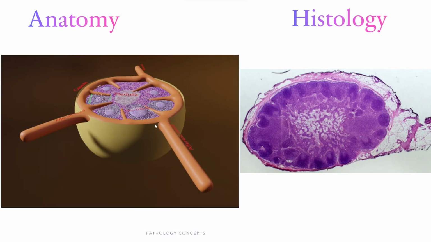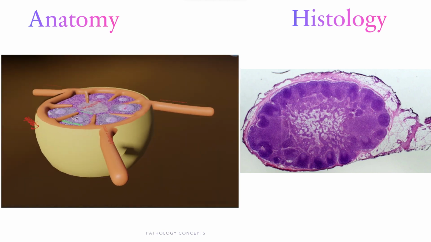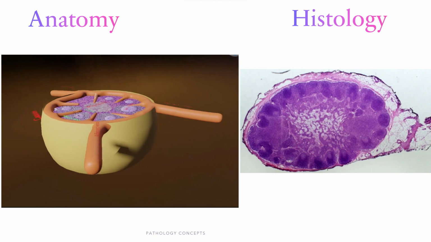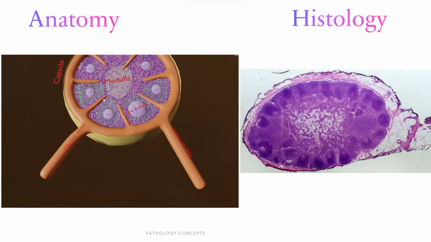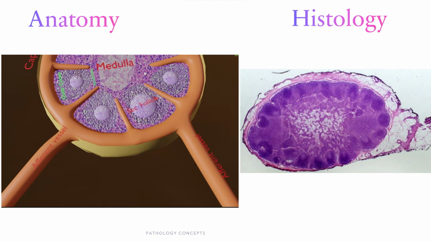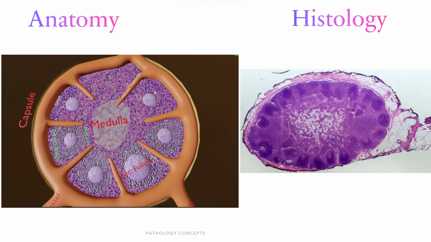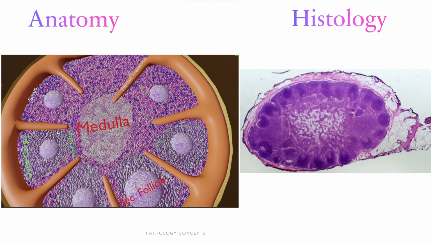First layer is the capsule. The outer surface is the capsule of the lymph node. The capsule sends trabeculae inside the lymph node, which pass inward radiating towards the center. These are fibrous trabeculae.